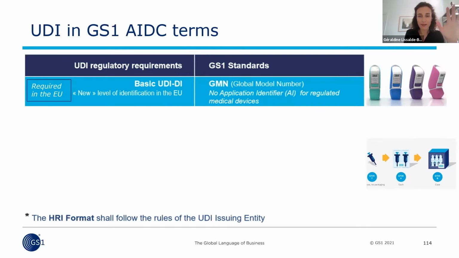You will have the table as the slide will be distributed, but that's really in a nutshell the parallel and the translation of the UDI requirement into the GS1 standard, and we support the full implementation of this requirement. I won't go into the details of the specificities for procedure packs or configurable devices, etc., but you have to know that on top of the regulation itself, you have a lot of guidance, and not all of it is already released.